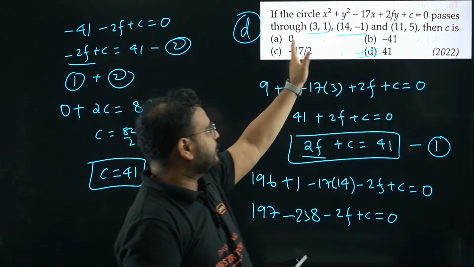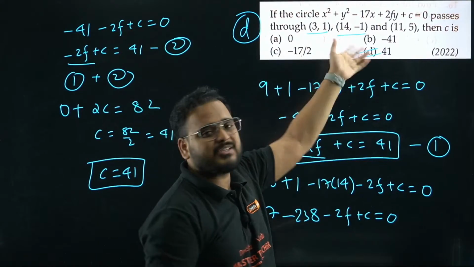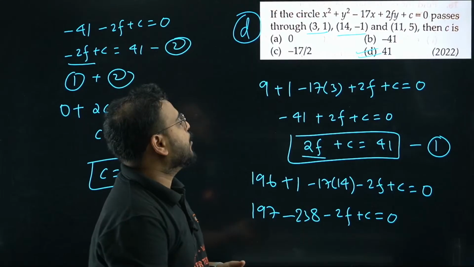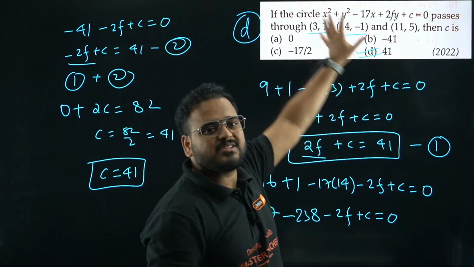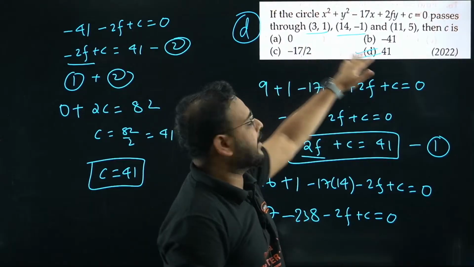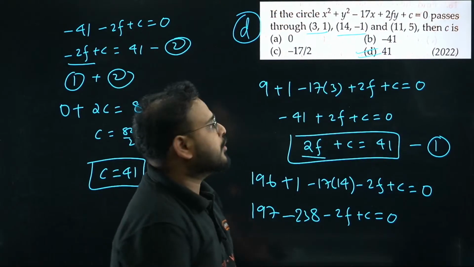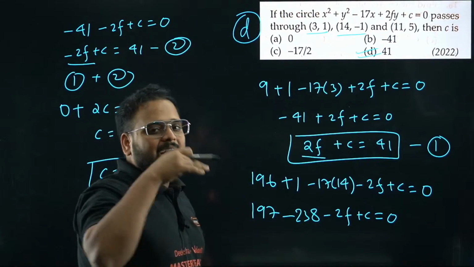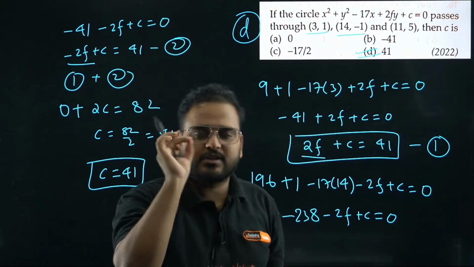Because think about it, if you have a parabola, of course you'll not have quadratic for both the variables. You'll have only y square or x square as quadratic. And this question is not about the circle, or about the points. Are you using a property of the circle over here? No. You're using the property that a point that lies on the curve will satisfy the curve. That's the only thing you're using in this question.